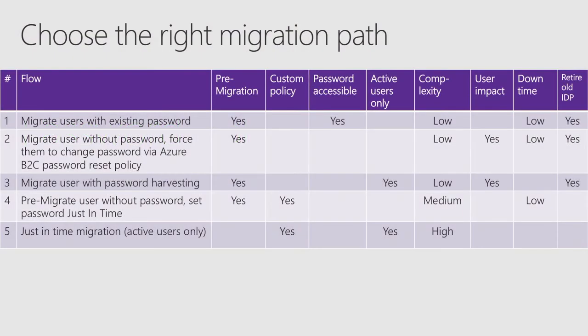There is a low downtime, as you can see on the table, especially with the pre-migration process before you migrate all the users. But with just-in-time migration, there is no downtime. Users just sign in and we create or set the password immediately on the fly. And again, there is always a hybrid solution, or combining. For example, I have a solution that combines flow number 4 and 5 together.